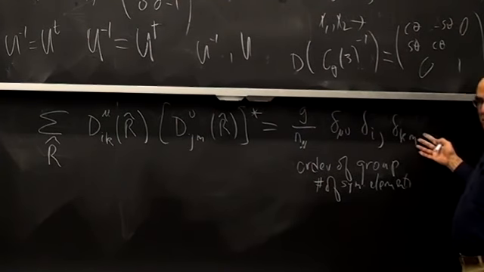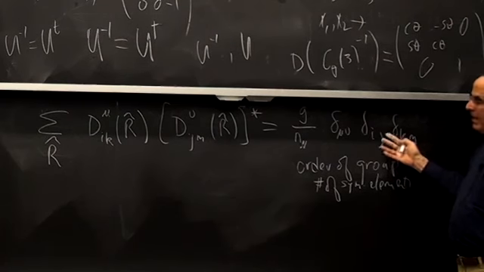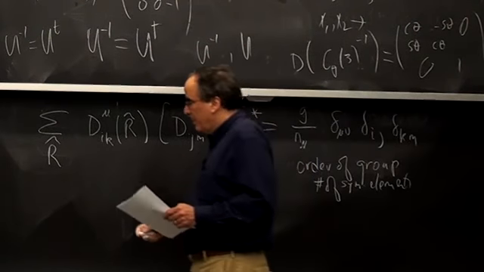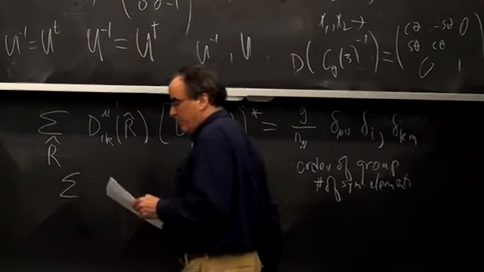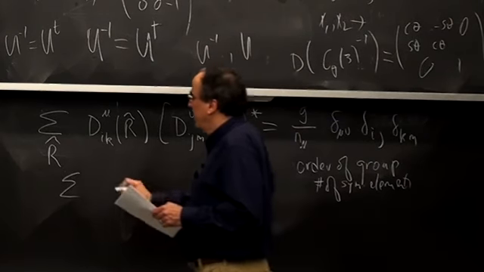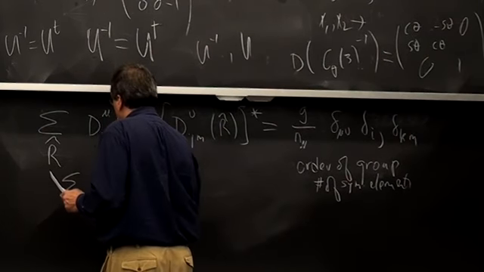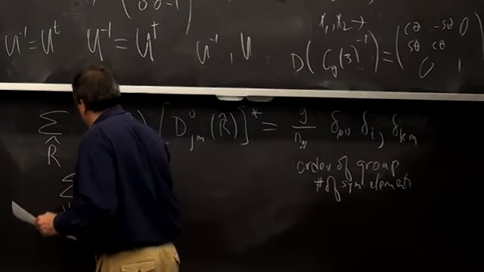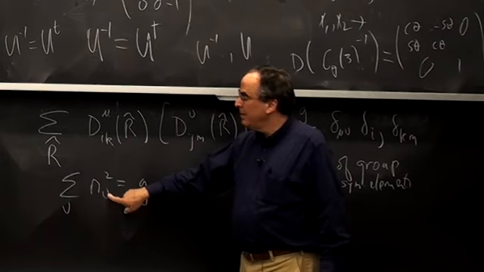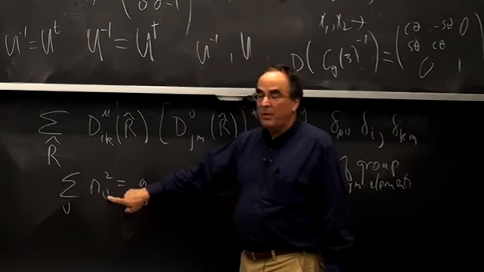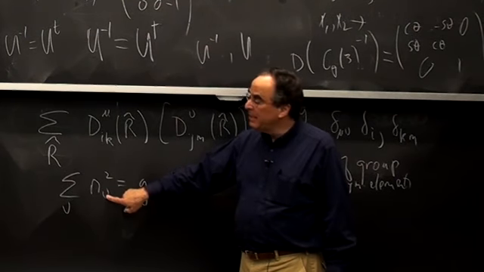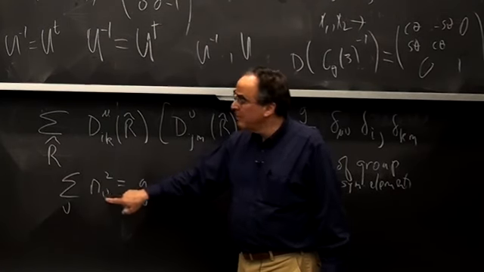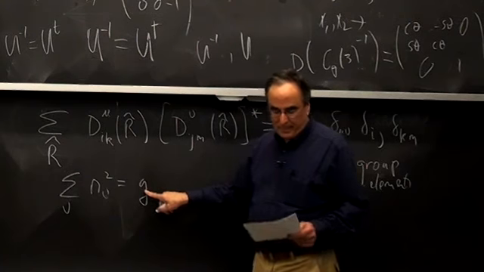And so we have all of these orthogonalities in this little thing here. Okay. It's possible to prove that the sum of n nu squared is equal to g, where this is the dimension of the nth irreducible representation. There's a certain number of irreducible representations. You sum over all of the orders of all of them, and you get g.